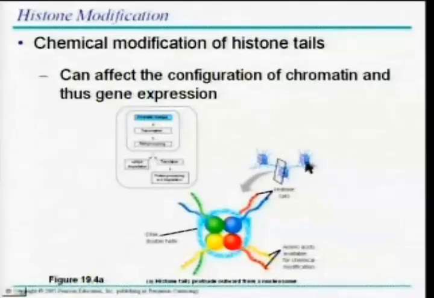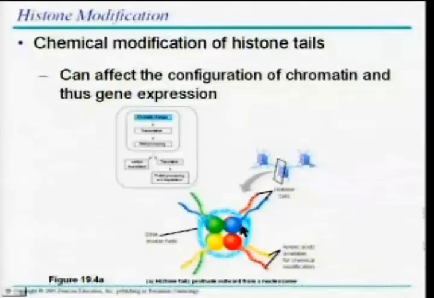Here we are reminded of this illustration of the 10 nanometer fiber level, a nucleosome here, and we take a high mag look at the nucleosome, and here's what we're seeing. We are seeing a blue, green, yellow, and red histone with its amino terminal tails sticking out radially toward the periphery of this, right?